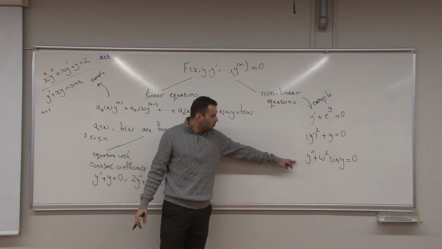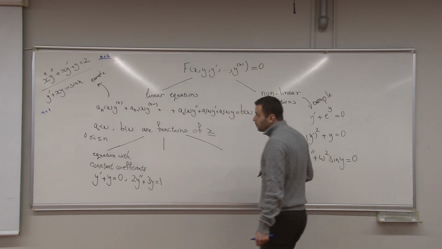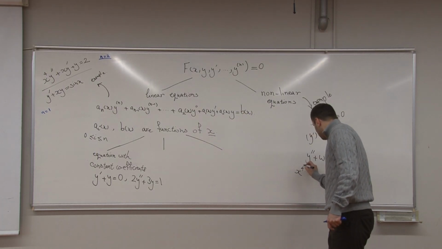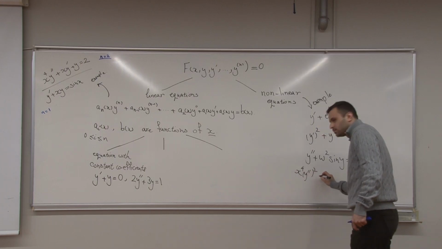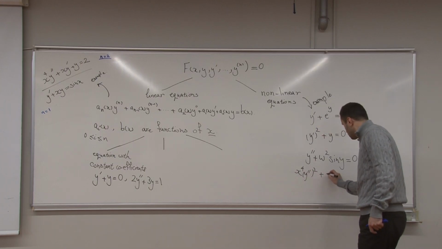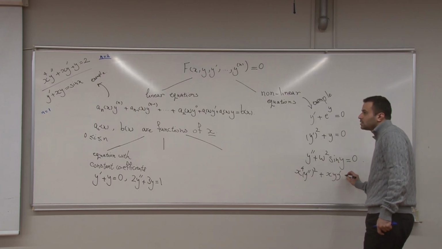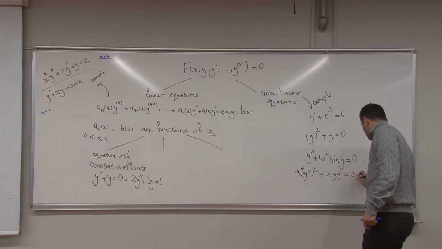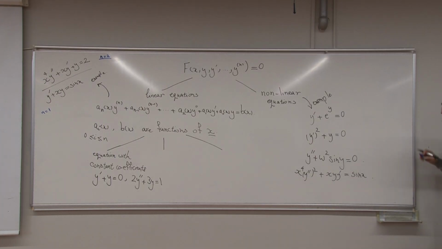This is again a nonlinear equation. Or x to the power of 4 y double prime to the power of 2 plus x y y prime, let's say, equal to sine of x. This is again going to be a nonlinear one.